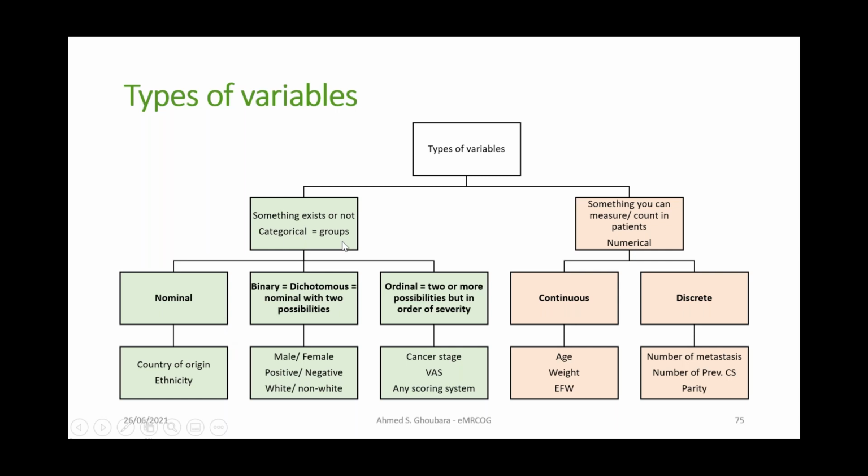Can you measure those things? Can you count on the patient? No, you can't count that on the patient. You assign the patient whether she's white, she's from the UK, she's positive, she's negative. So no reason for you to mix things with the numerical variable. Do you see what I mean, guys? Do you know what I mean?